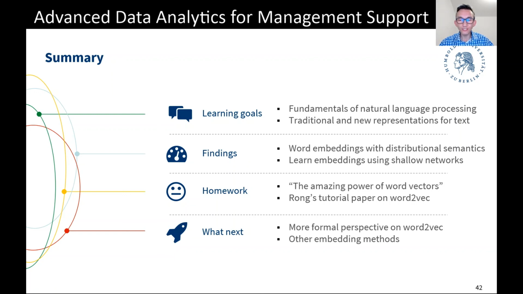And in the next session, we want to elaborate on this functioning so that you have some more information on Word2Vec, but also get an idea how it differs from other embedding methods like GloVe and FastText. That is the scope of our next lecture.